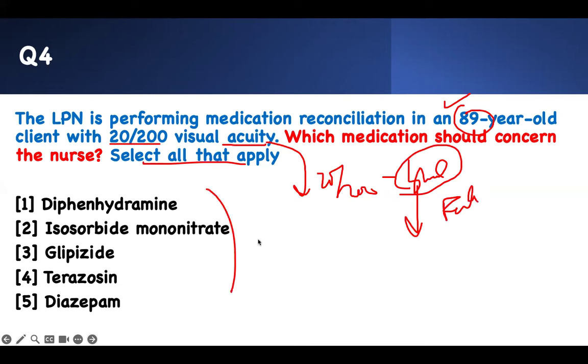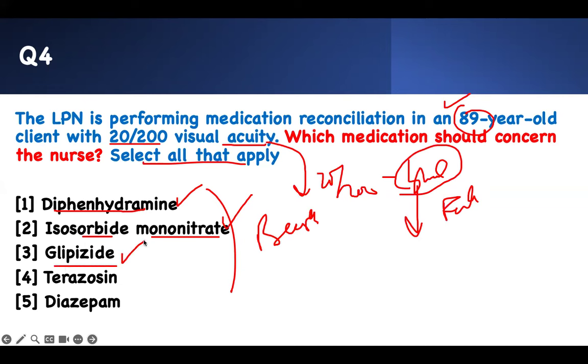The way to remember them is the Beers criteria. There's a bunch of anti- drugs. Mostly everything that has anti can be given to the antihypertensive, right? Diphenhydramine makes you drowsy. Isosorbide mononitrate, because of orthostatic hypotension.